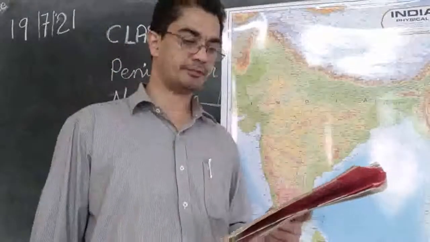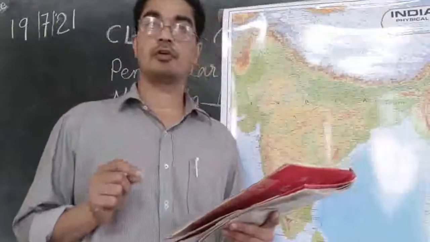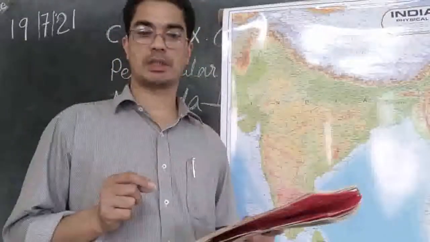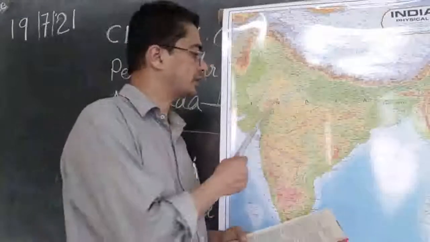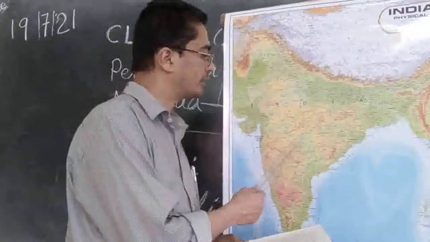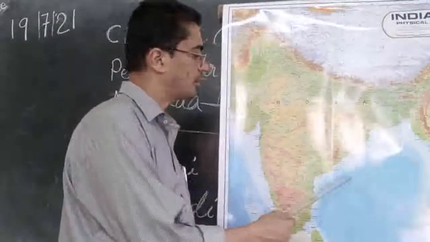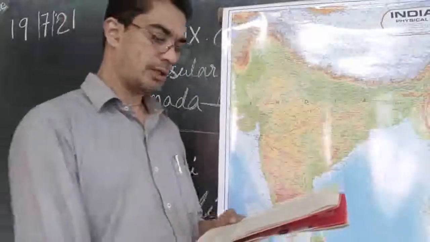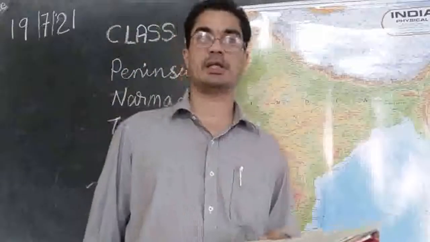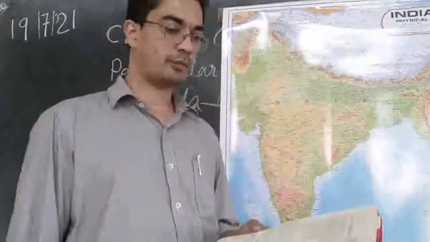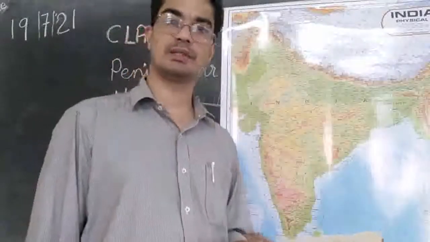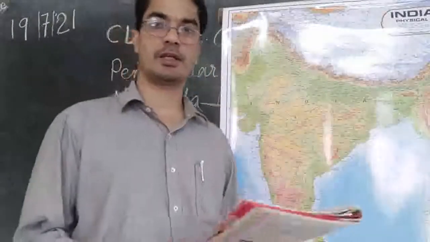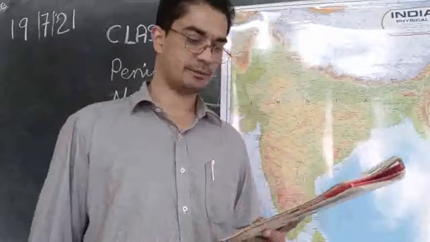It flows through Orissa to reach the Bay of Bengal. The length of this river is 860 kilometers. So compared to the Godavari, it is only a little more than half.